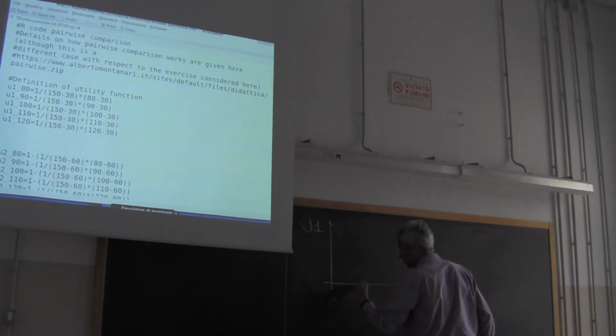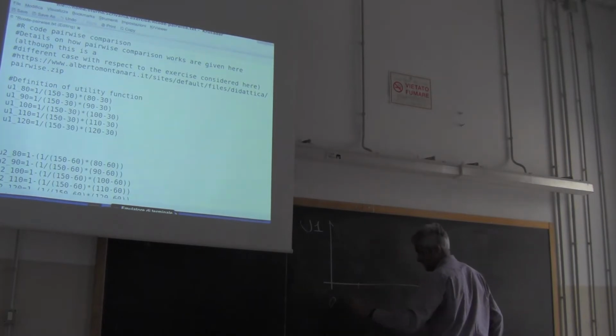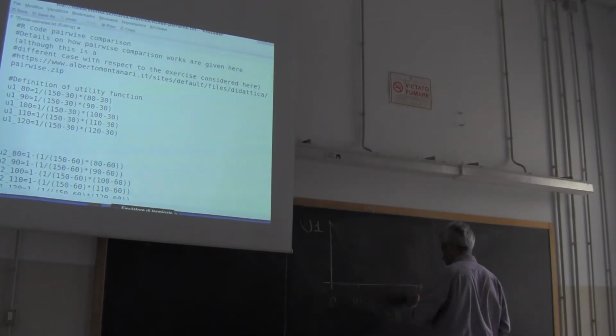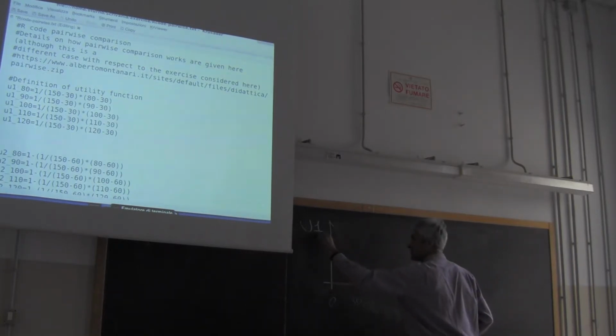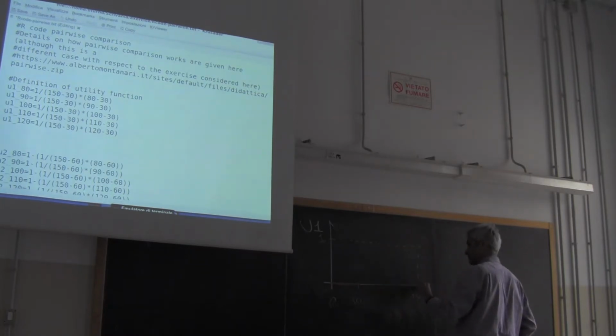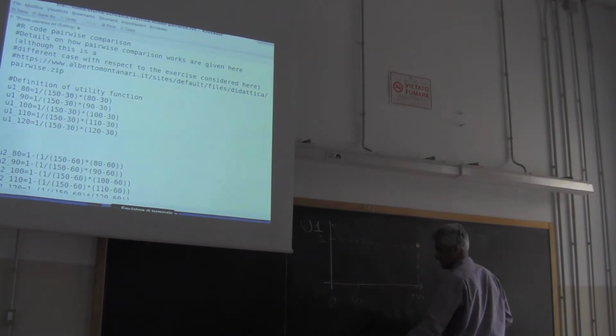From 0 to 30, it's flat and equal to 0, as you remember. And then up to 150, there is a linear increase to 1. So you have this linear increase.